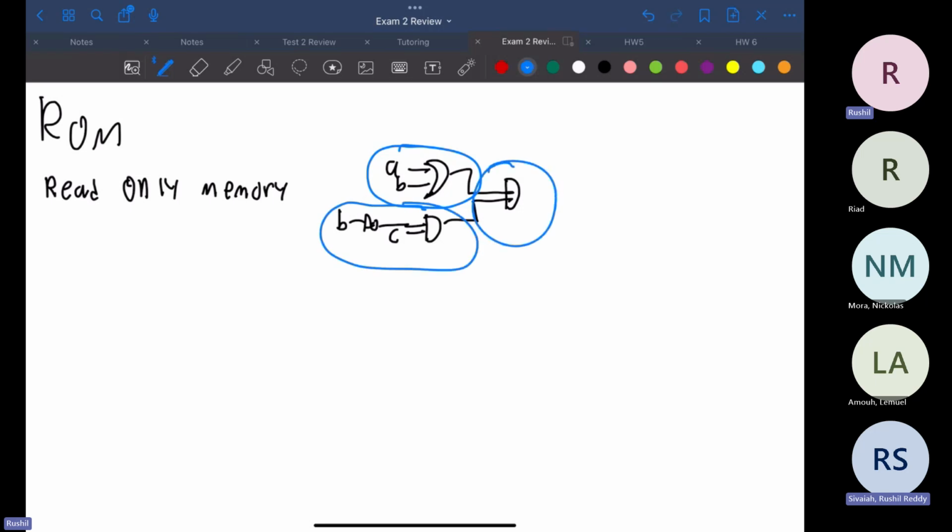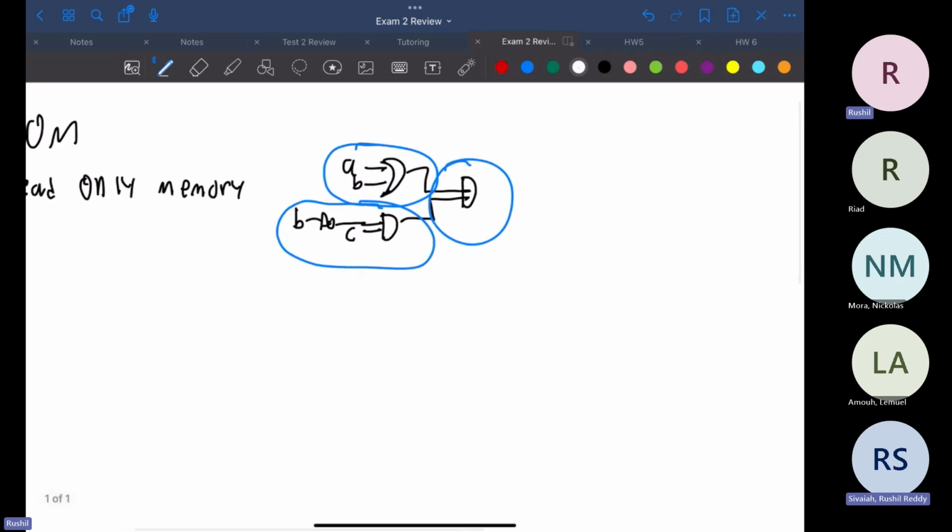The way we use a ROM is basically make a truth table. So that's what we're going to do. We're going to start with this one right here. With this one, we have 2 inputs.